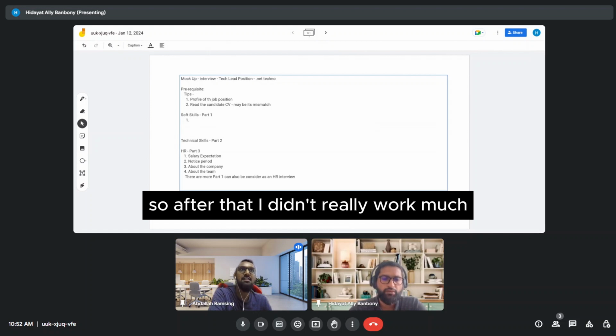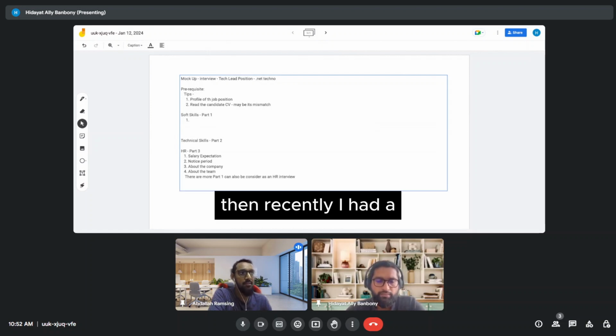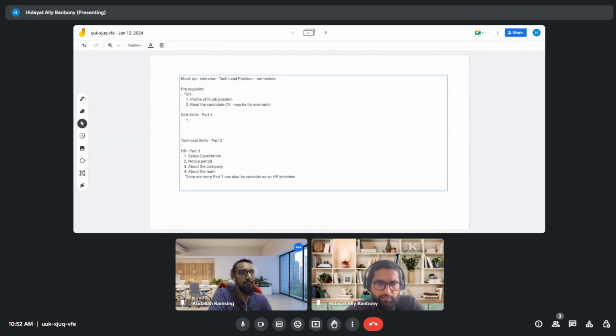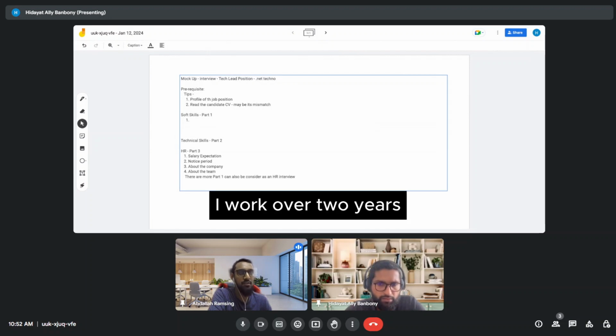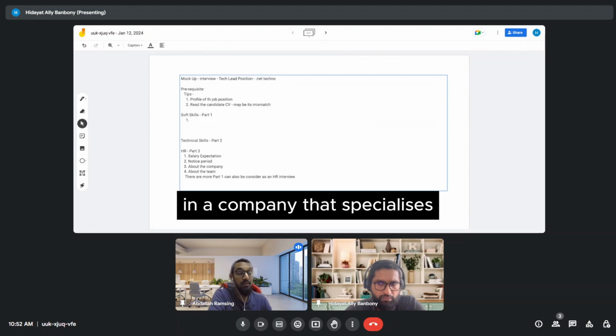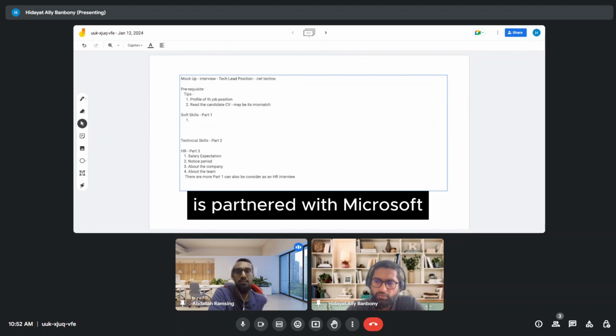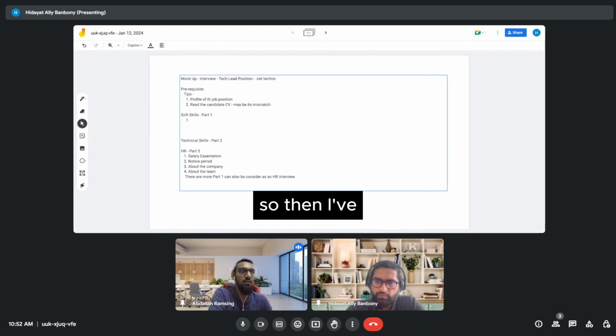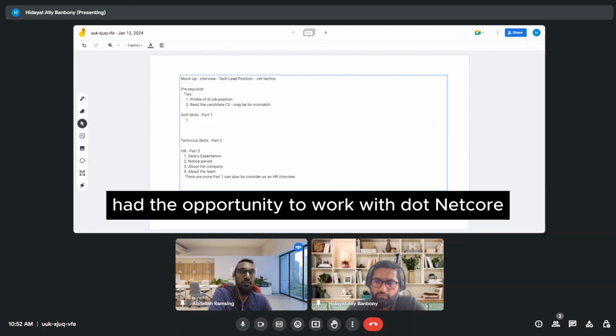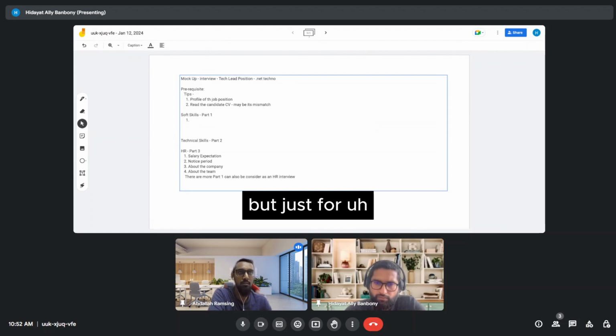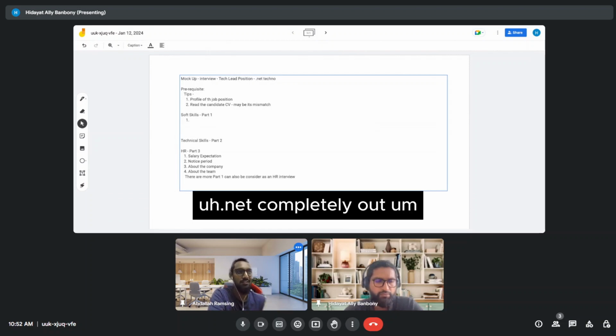After that, I didn't really work much with .NET. Then recently, I worked over 2 years in a company that is partnered with Microsoft. So then I had the opportunity to work with .NET Core, but just for insight, I didn't leave .NET completely.